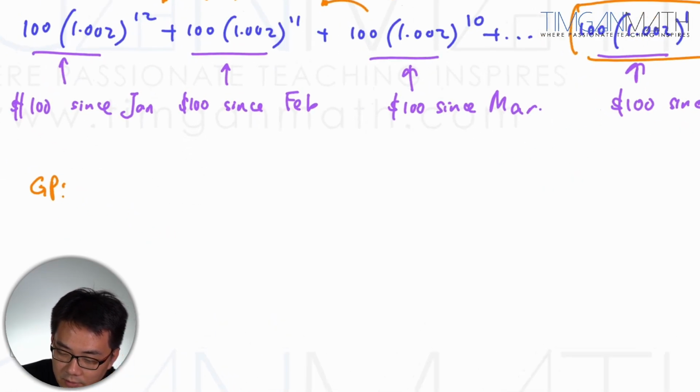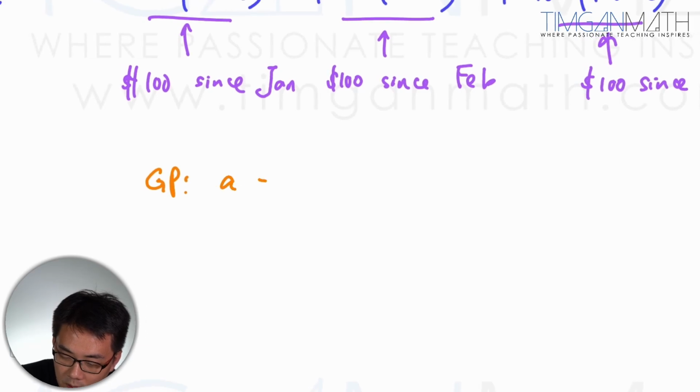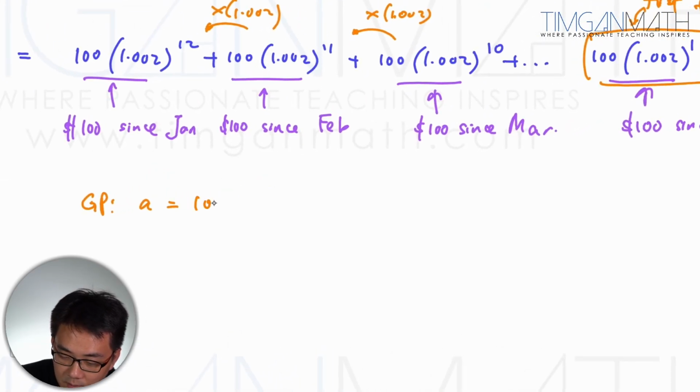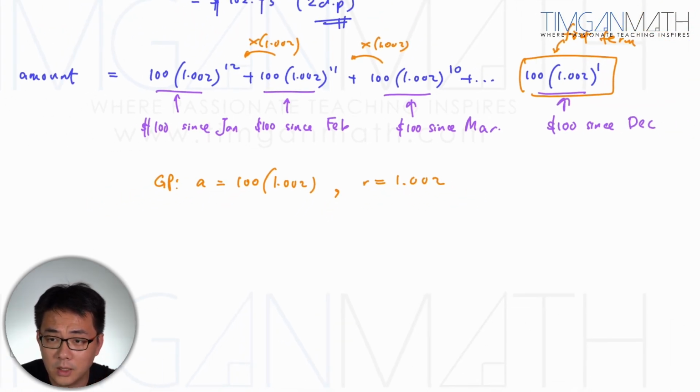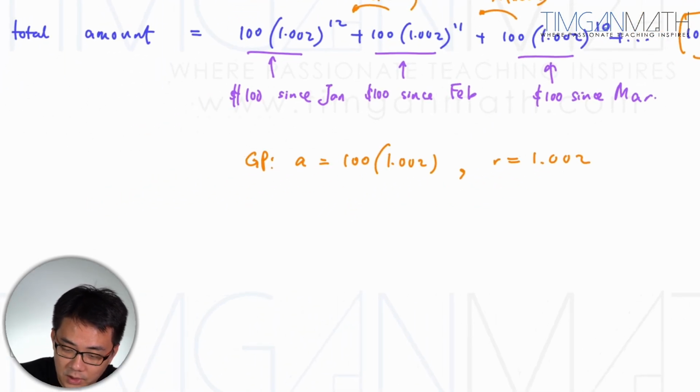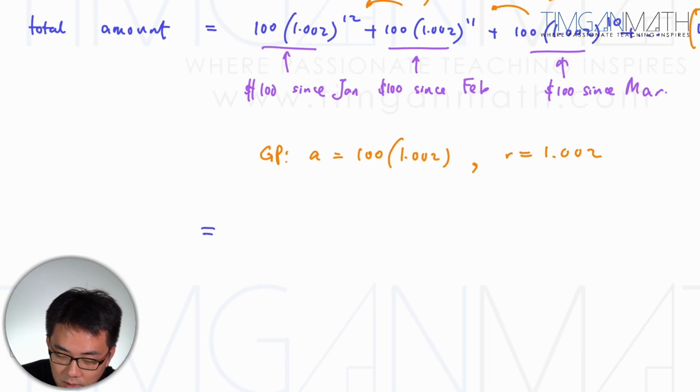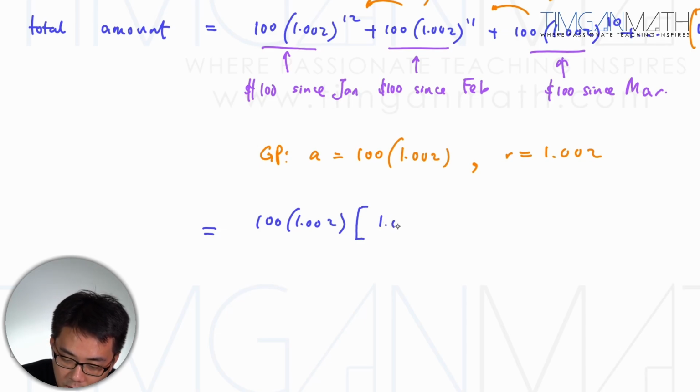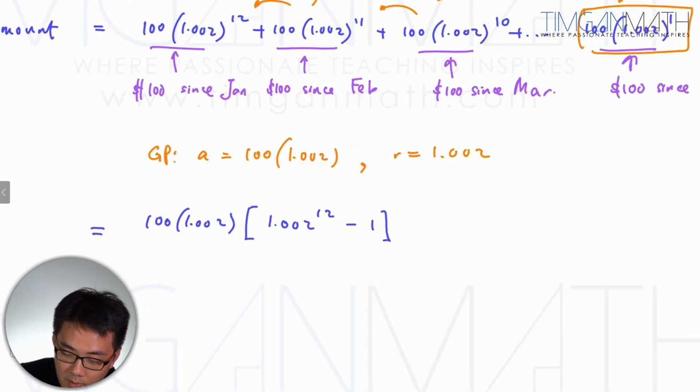Okay, so in this case here, the first term a will be 100 times 1.002, and r will be 1.002. Okay, so that's pretty much it. I think you just use the sum, which is a times 1.002 to the 12 minus 1, because we have 12 months here, over 1.002 minus 1.